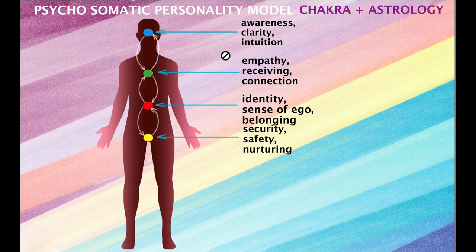In physics, this is called dynamic balance. Like every oscillation, and this is an oscillation from the top to the bottom, these energetic centers are in a constant state of dynamic calibration, meaning at the same time it is going upward, it is going downward also. It's like a pulsating energy going from up to down, down to up.